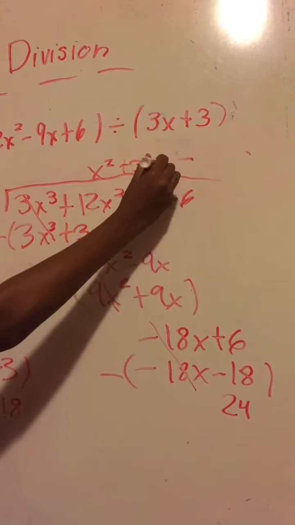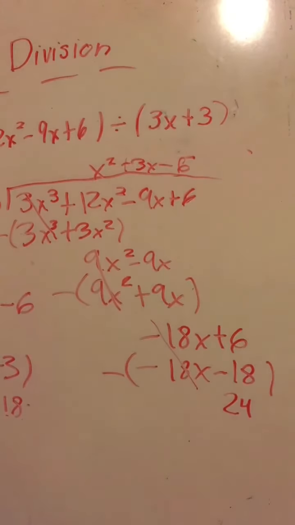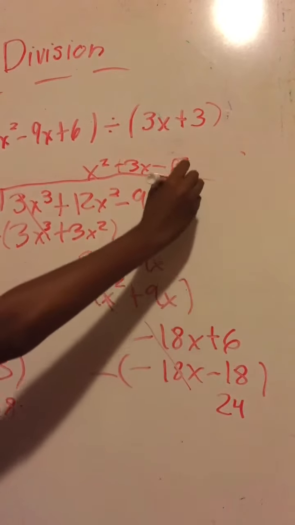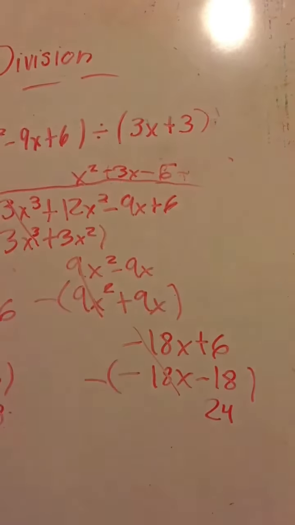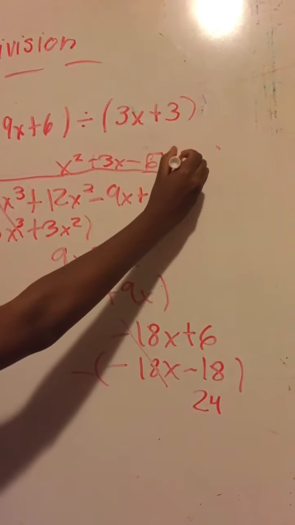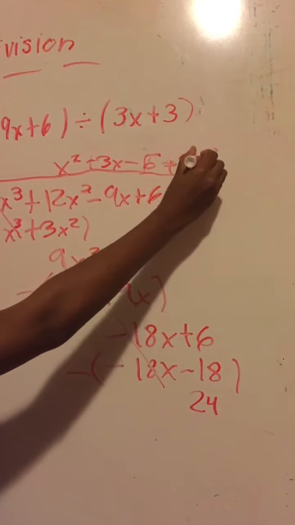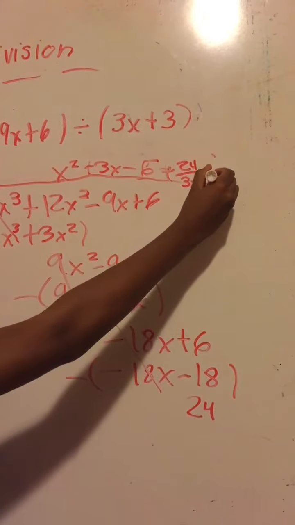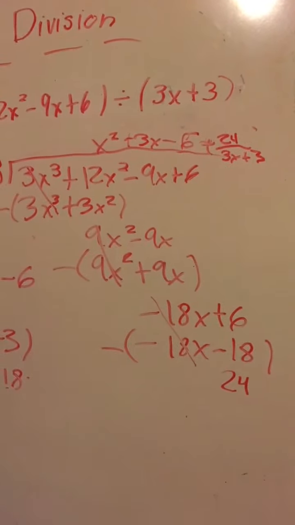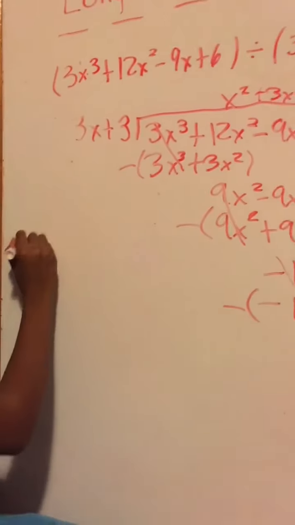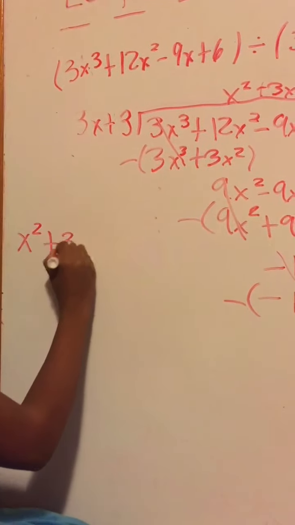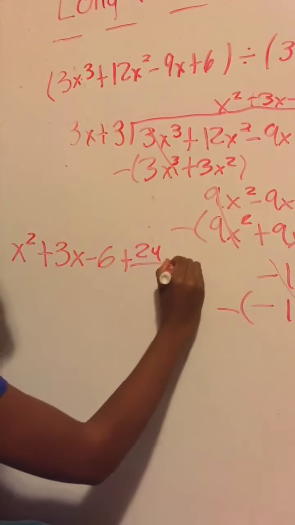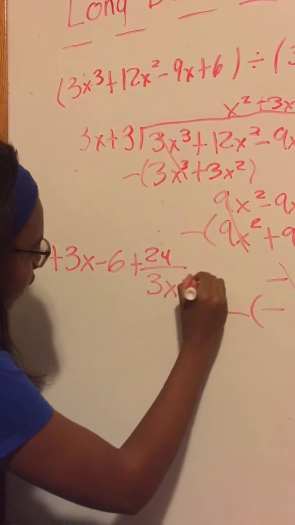Got to move that. Minus 6. Then you put your 24, since that's your remainder, plus 24 over 3x plus 3, and your answer is x squared plus 3x minus 6 plus 24 over 3x plus 3.